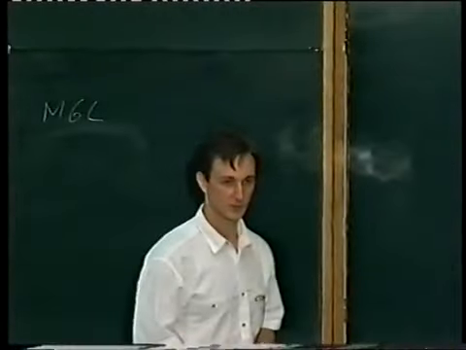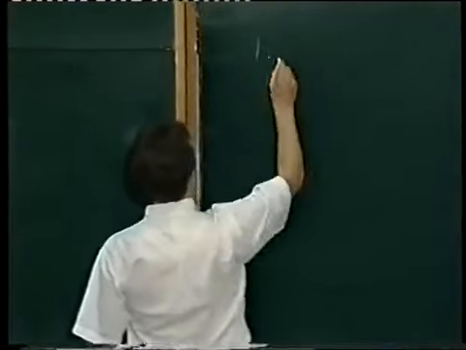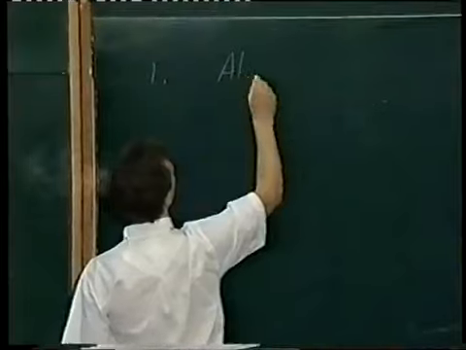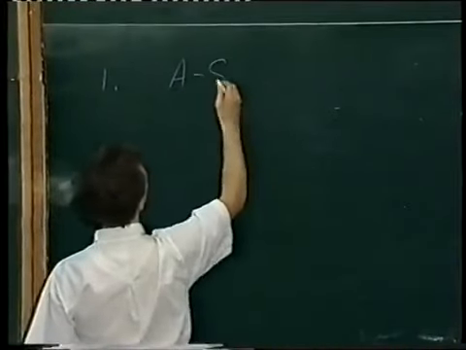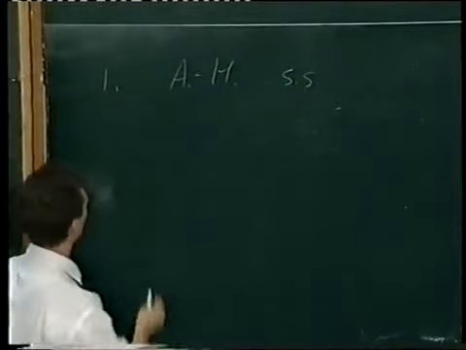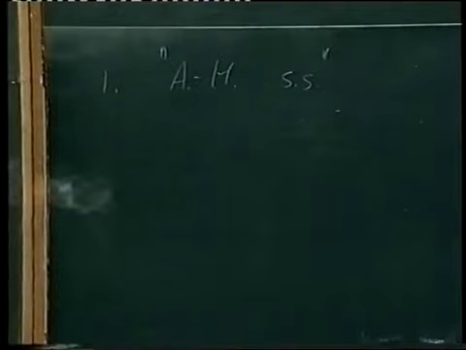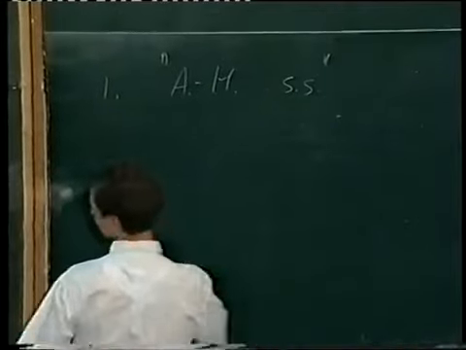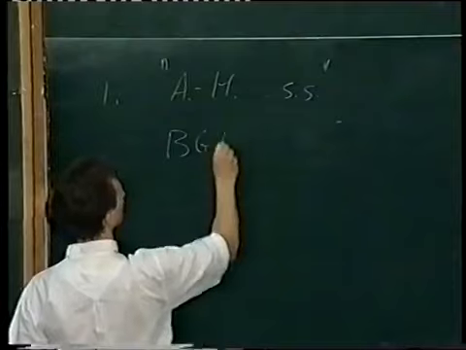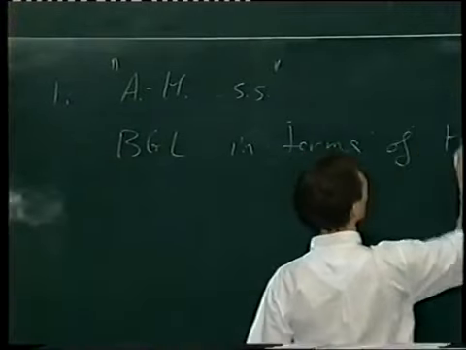There are conjectures concerning the relations between these objects, which again express something rather classical. So one thing, there is the Atiyah-Hirzebruch spectral sequence. I put it in quotes. It stops being a spectral sequence. It becomes a Postnikov tower, which expresses BGL in terms of the Eilenberg-MacLane spectrum.